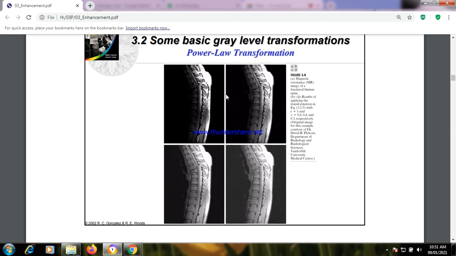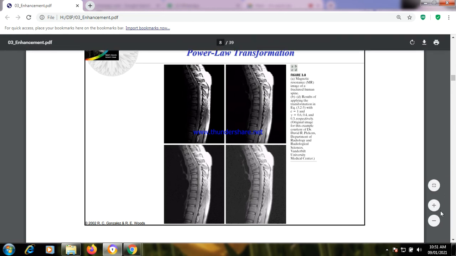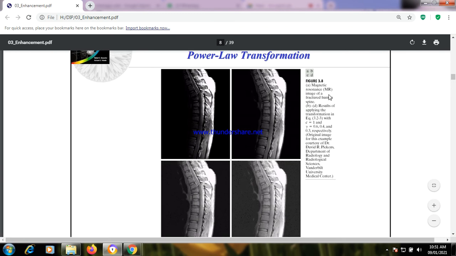So here we have 4 images. First one will indicate the magnetic resonance or MR image of a fractured human spine, right? And BCD, these are the results of applying the transformation. That means power law transformation, C as 1 and gamma is 0.6, 0.4 and 0.3.